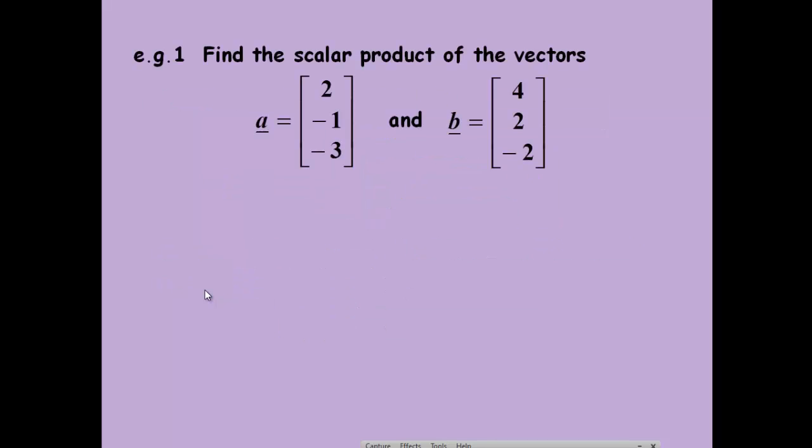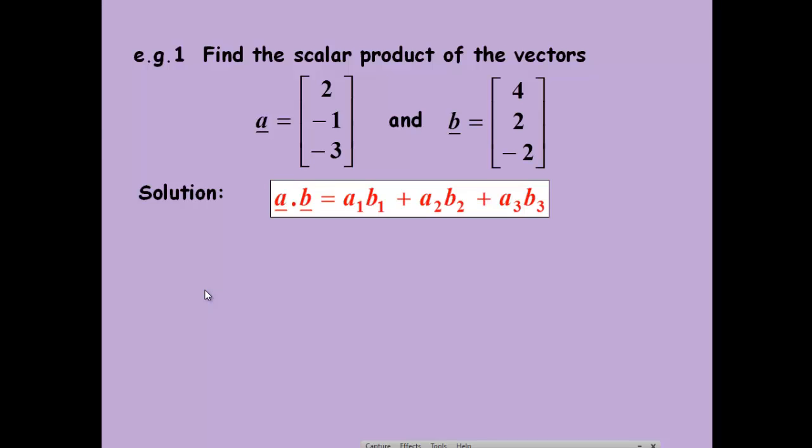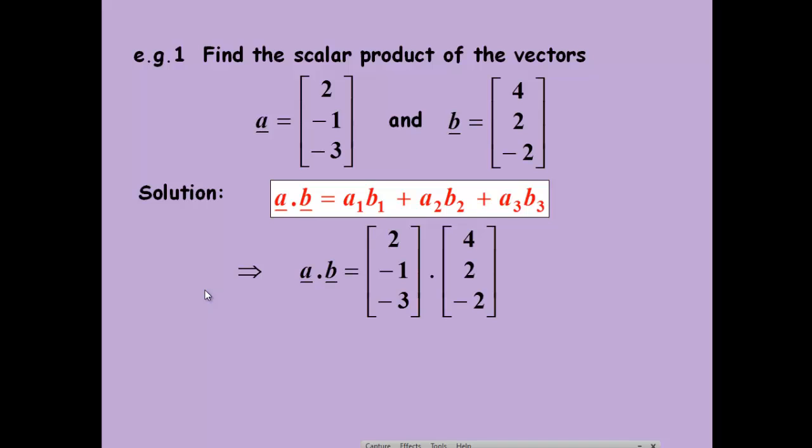So for example, we're working out the scalar product and we're given the 2 column vectors, we can simply do it in that way. Multiply the tops, 2 times 4, plus multiply out the middles, plus multiply out the bottoms.